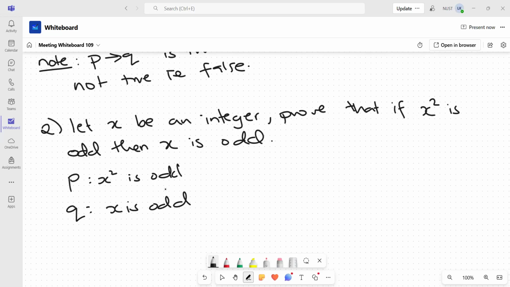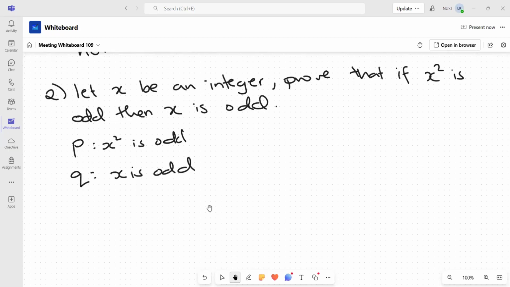So what do we know? We use what we know about statements and their contrapositive. Instead of proving directly that P implies Q, what we can do is rather prove that not Q implies not P, and that is proving that P implies Q, because if we show that the contrapositive is true, then it means that the statement itself is true.